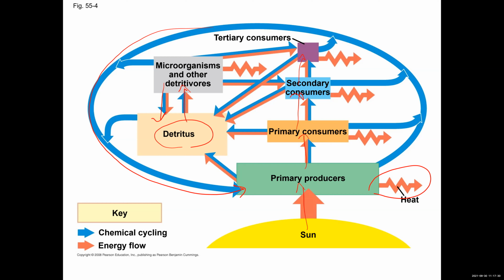Right? But basically, the take-home message is that nutrients, atoms and molecules, are temporarily stored in the bodies of living things. They get recycled into the soil by the processes of death and decomposition.